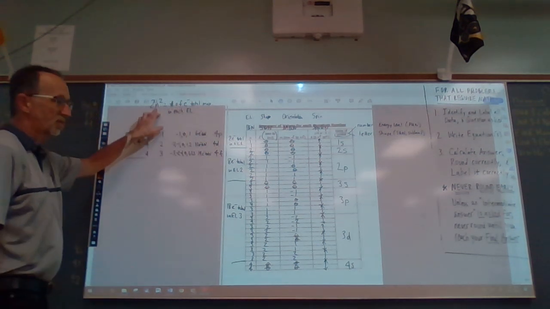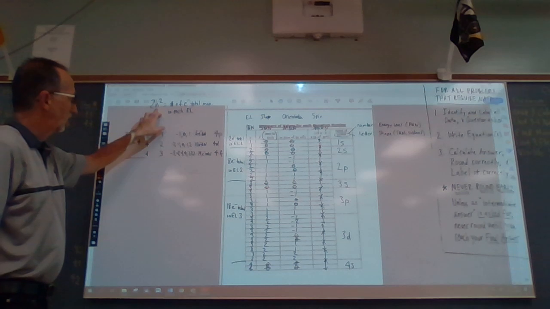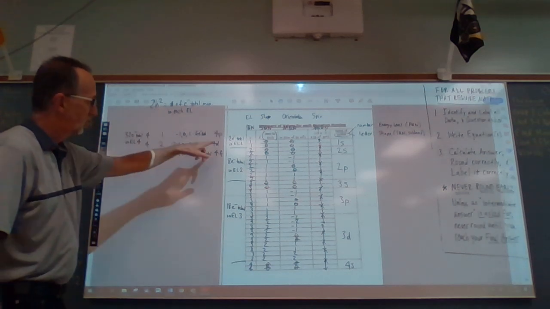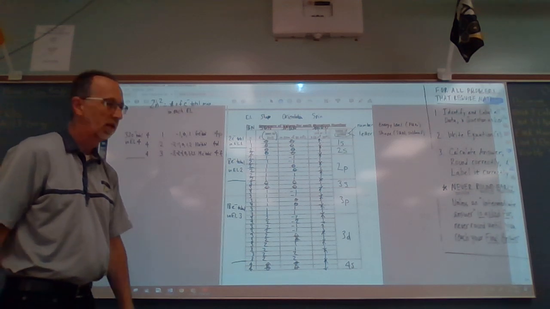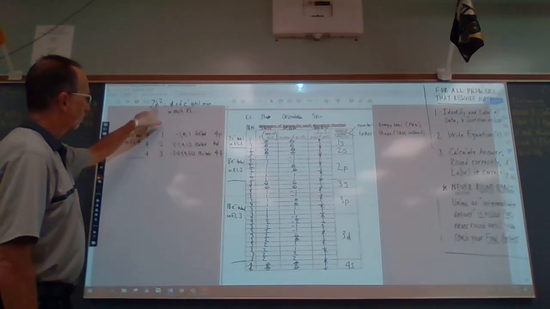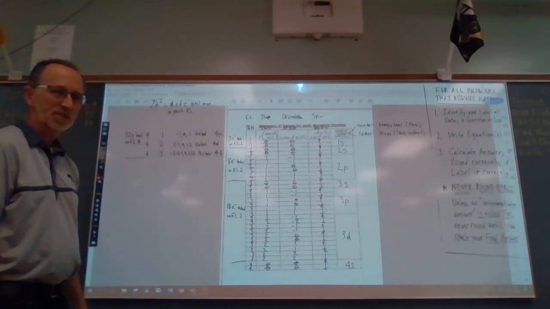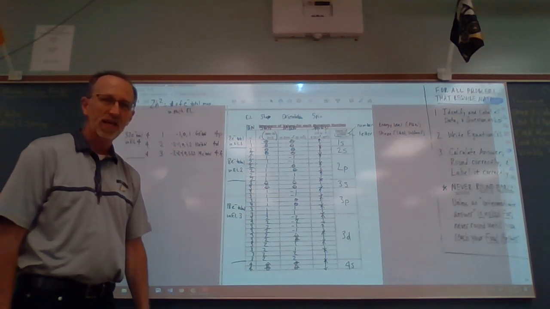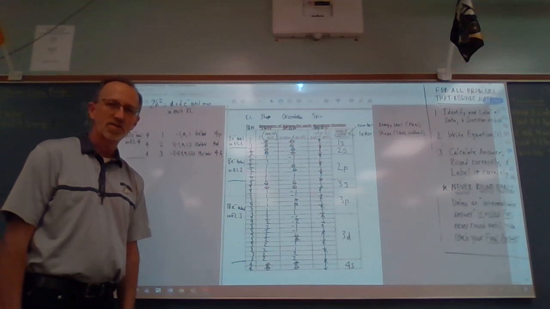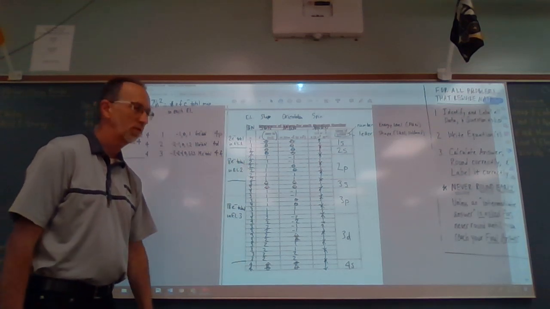Well, for n equals 1, 2n squared is 1 squared times 2 is 2. And we just showed here 2 electrons fit in the first energy level. If n equals 2, 2 squared is 4 times 2 is 8. We just showed here that 8 electrons can fit in the second energy level based on the quantum number rules.